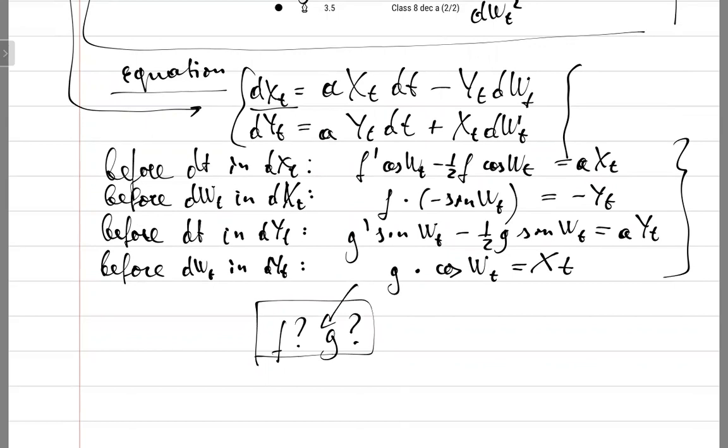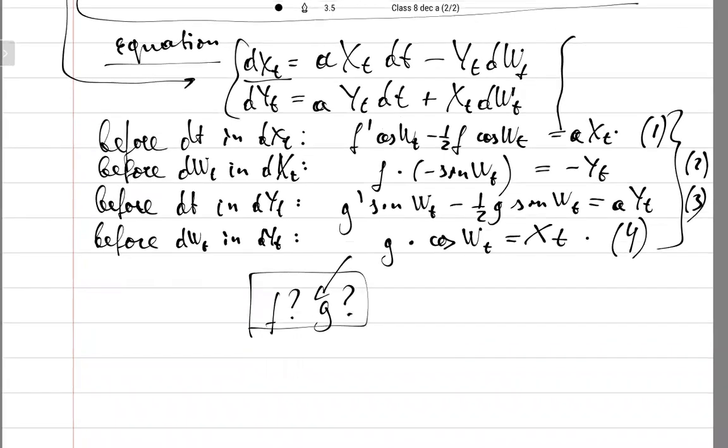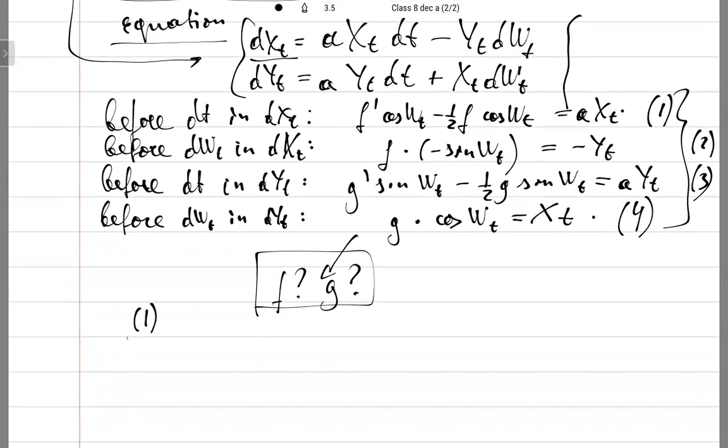But let's try to solve. For example, I think I will get rid of x using 1 and 4. I can get rid of x, and using 2 and 3, I can get rid of y. So let me sum 1 plus a times 4, or subtract, minus, I will get 0 in the right hand side.